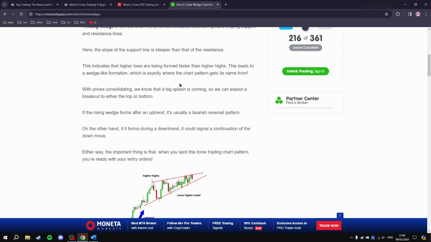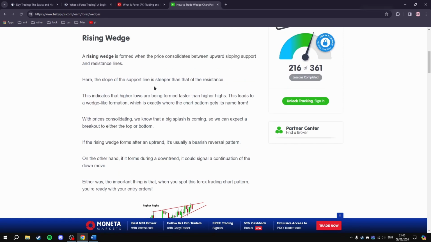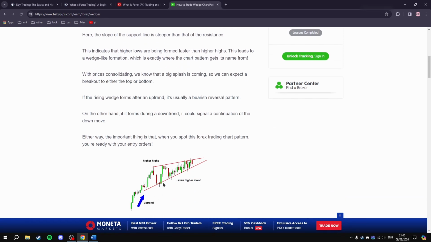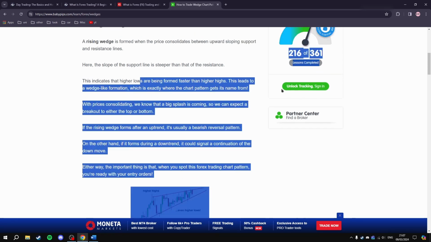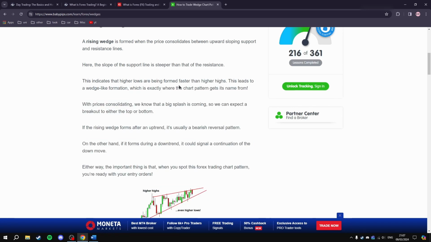Oh right, I see. Because the gradient here is steeper, whatever happens here is happening faster than whatever happens over here. So the price is forming faster. Right, okay.